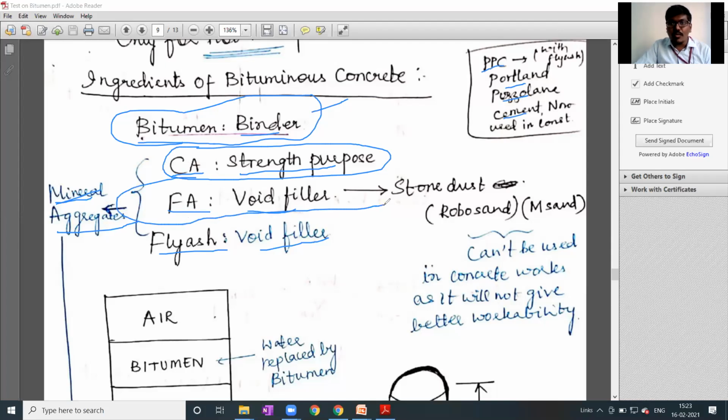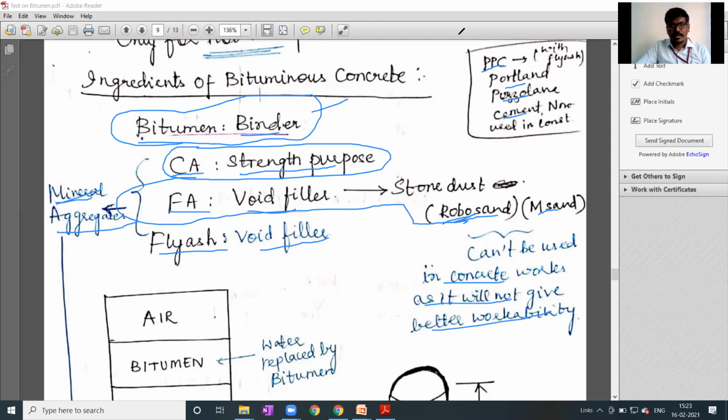Fine aggregate is the filler, usually called stone dust. Nowadays we mainly go for robo sand or M sand depending on availability. Fly ash is also a filler. Rubber sand cannot be used in concrete works as it will not give better workability.